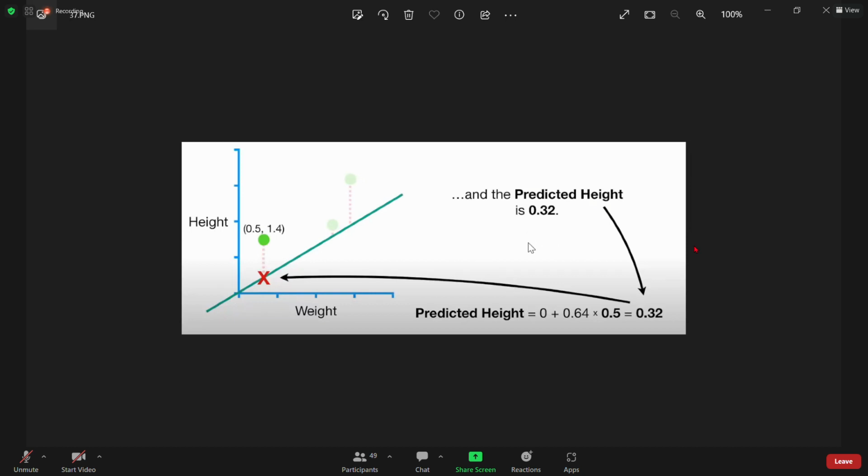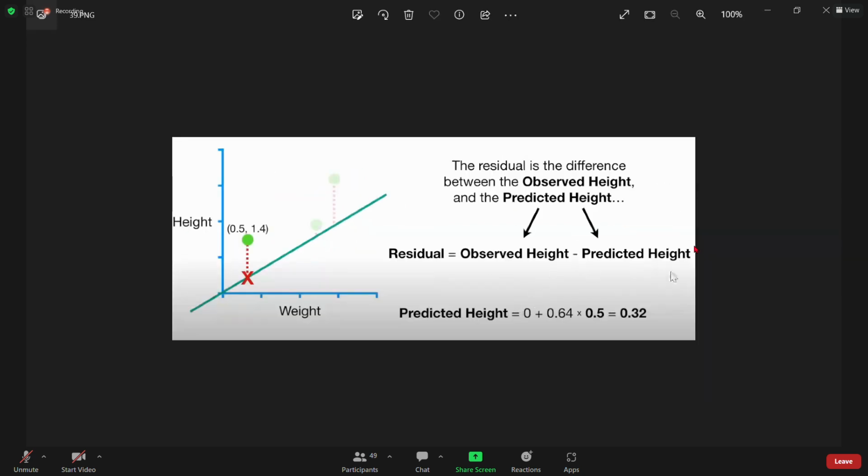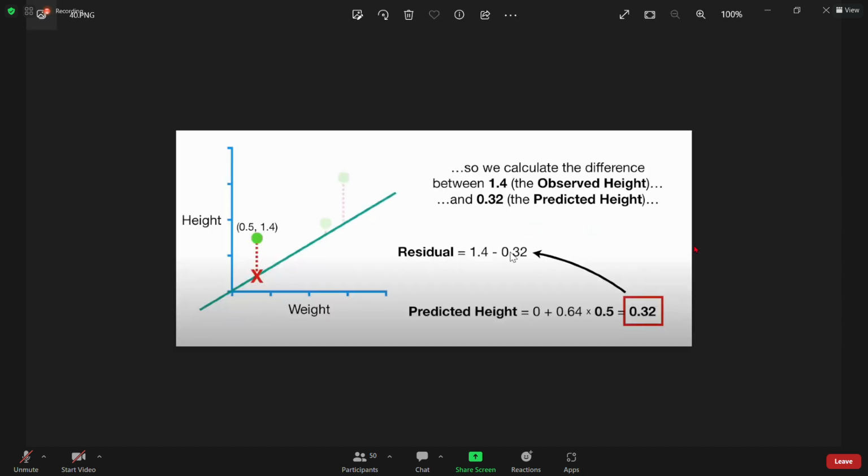Do you understand or not? So this point is 0.5 comma 0.32, isn't it? The next one, what is the residual? The residual is observed height minus predicted height. What is the actual height? 1.4 minus 0.32. This is called the predicted height.